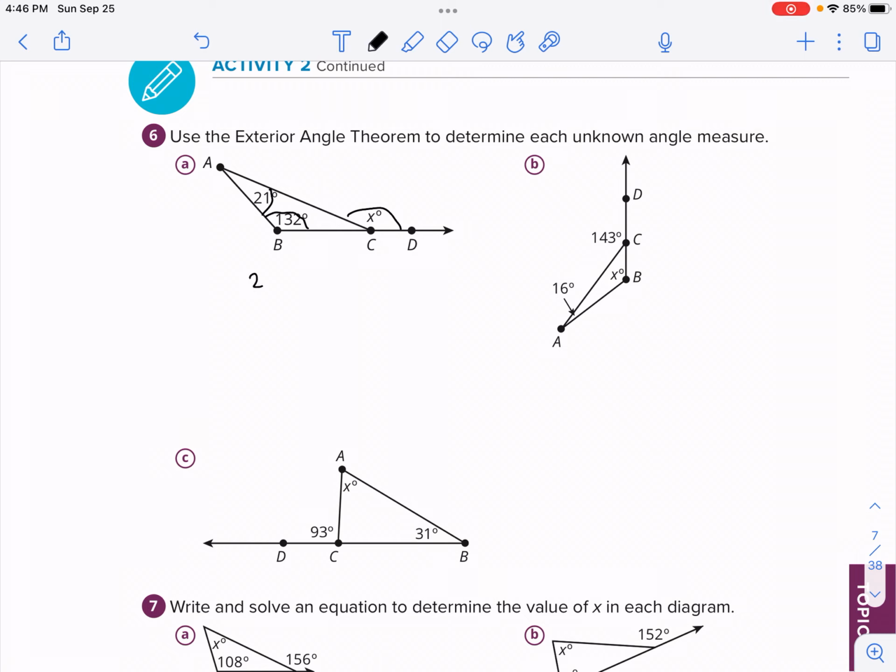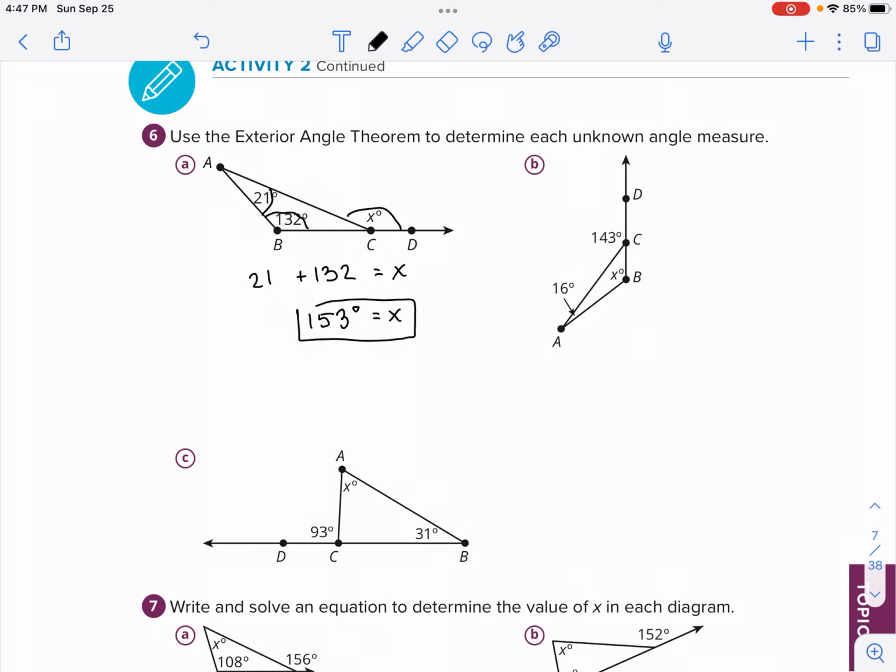So we're going to put some scratch work. 21 plus 132 is equal to the unknown angle measure, which is x. You can do some scratch work off to the side, but this would be 153 degrees. That's what x is.